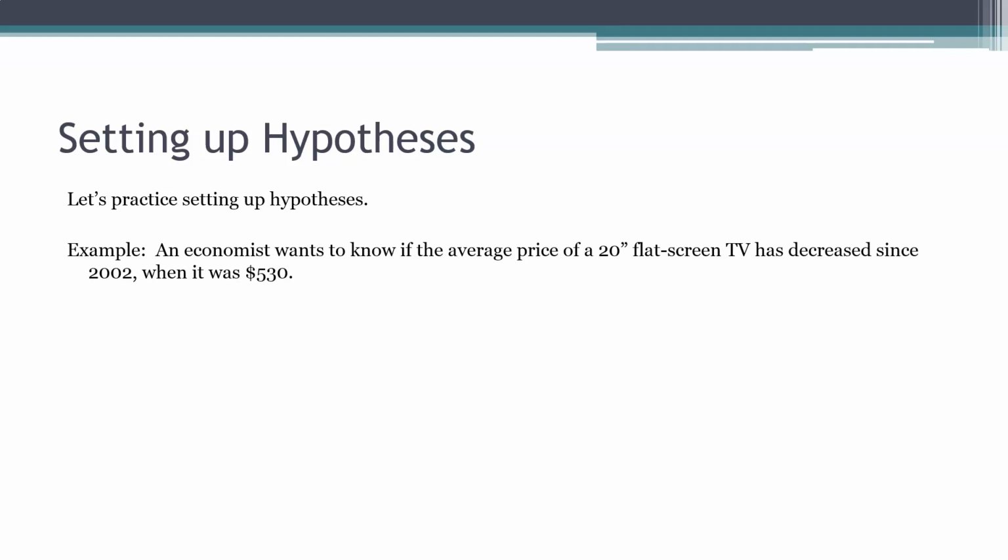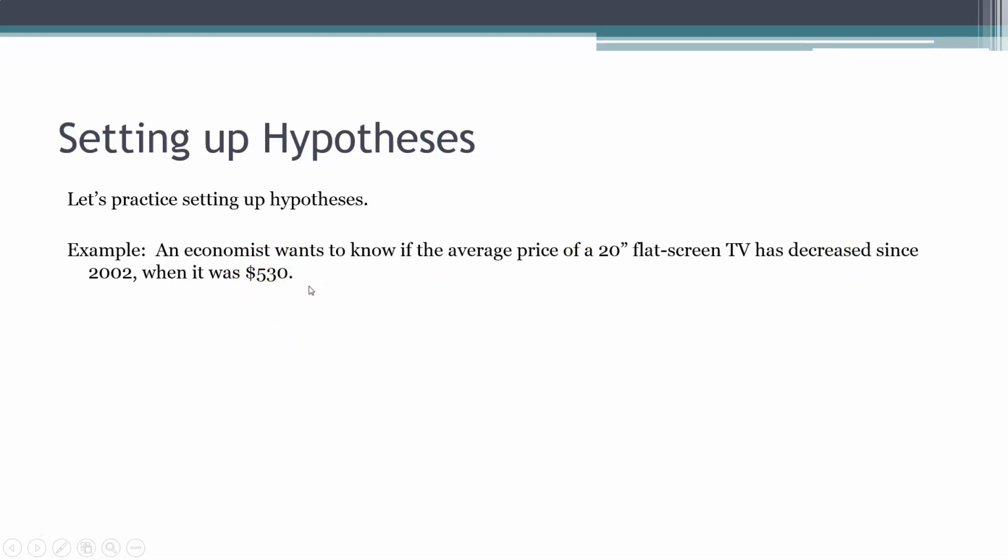All right, so we're going to practice setting up some hypotheses. So in our first example, we want to know if the mean price of a flat screen TV has decreased since 2002. And in 2002, they're telling us it was $530. So in this case, the alternative hypothesis is what the economist wants to know. Has it decreased from $530?